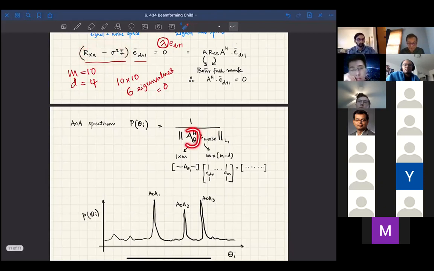I'm going to try different angles, and whichever angle is correct, that angle's delays, that A vector, should have a dot product of 0 with my eigenvector, and therefore this value should become 0, and 1 divided by that 0 will spike up, ideally to infinity, and I should see an AOA spectrum like that.